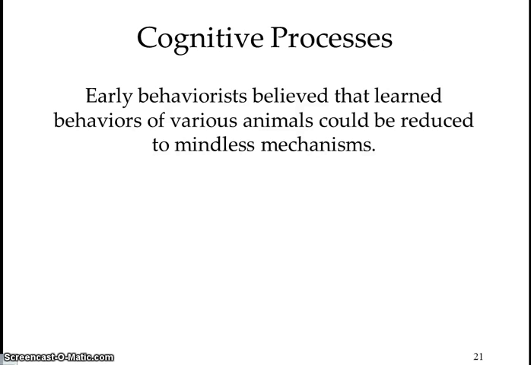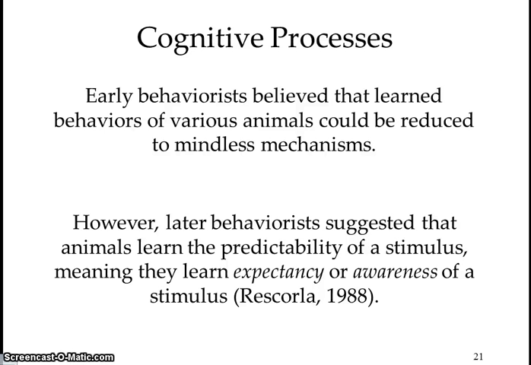So when we look at cognitive processes, early behaviorists believed that learned behaviors of various animals could be reduced to mindless mechanisms. So they think of animals and people as almost a machine, like a computer. Later behaviorists actually suggested that animals learn the predictability of a stimulus, meaning that they learn to expect something, or they're aware of the stimulus.